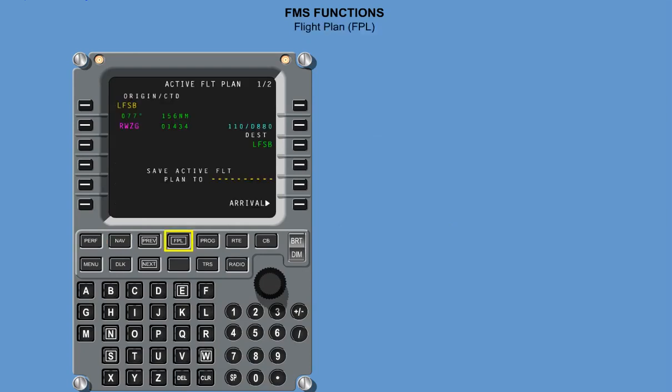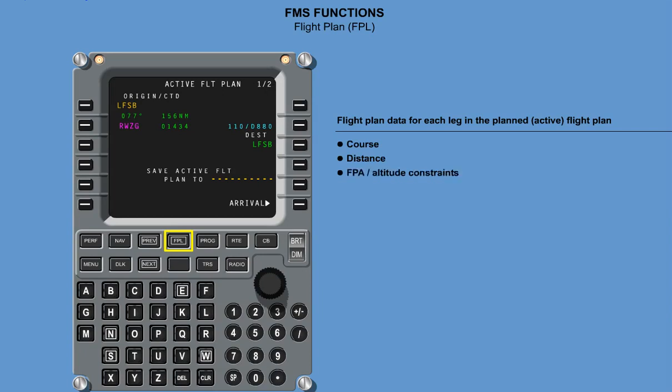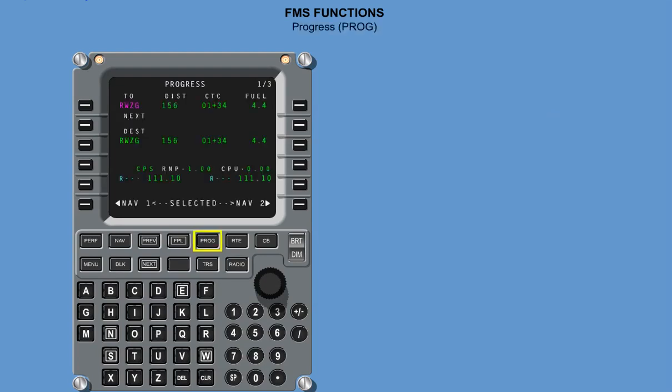Flight plan. This function provides flight plan data for each leg in the planned, active flight plan including course, distance, and FPA altitude constraints. It is also possible to create a flight plan, select a stored flight plan, and load a flight plan from a disk. Progress.